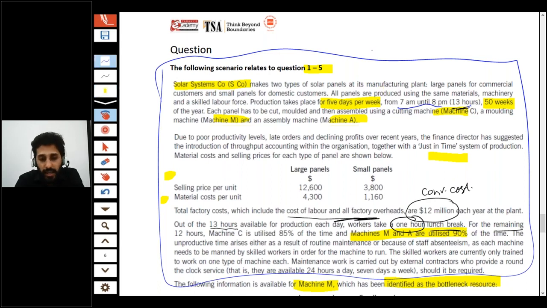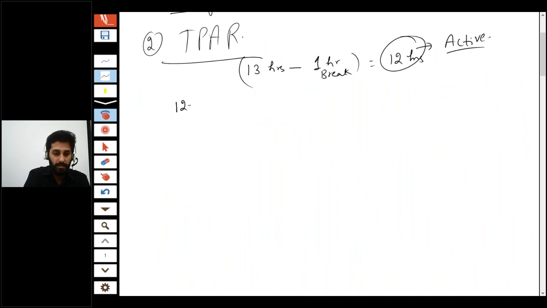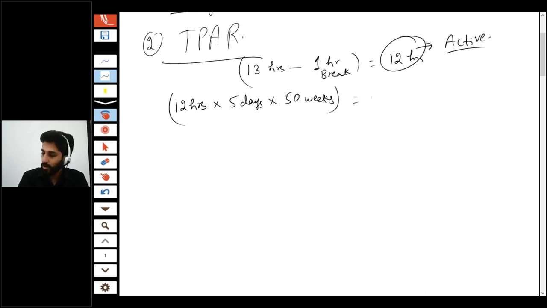And this question has yearly data. 5 days a week, there are 50 weeks. All right. Now see, 12 hours daily, 5 days and 50 weeks. So that means 12 into 5 into 50.